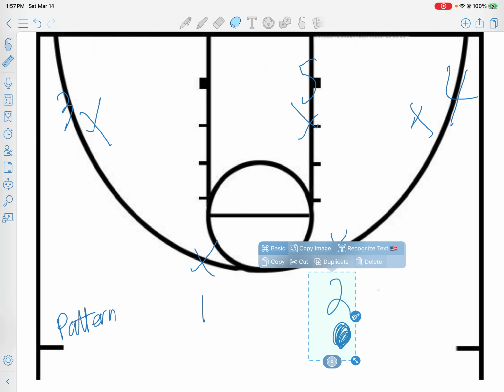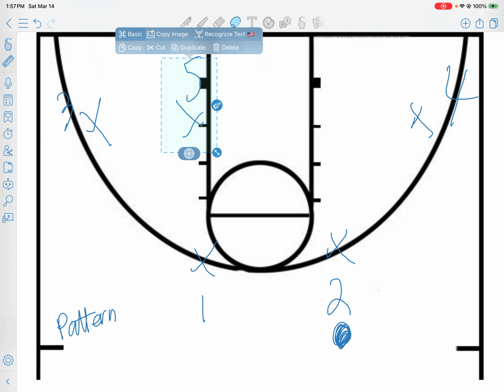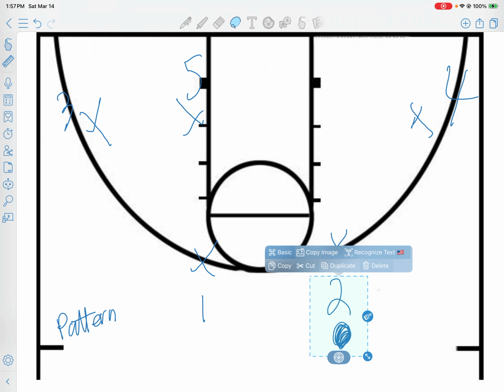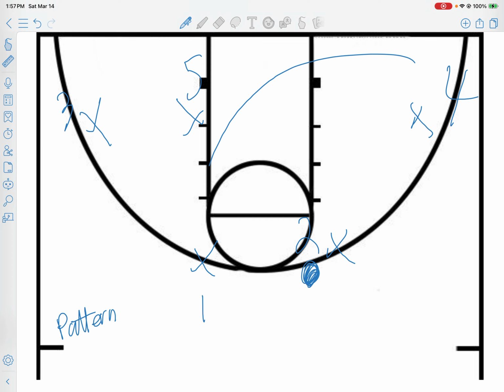and remember on a 2-3 setup, the 5 is going to move opposite side, right? So the 5 is going to go here, bringing their D. So now that the 2 has an opportunity to drive, I want that floor to be clear, right? Now we've got this whole floor cleared up.